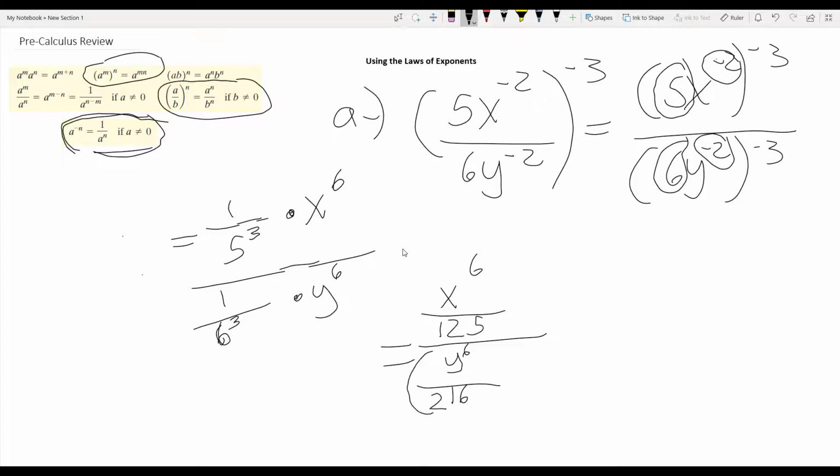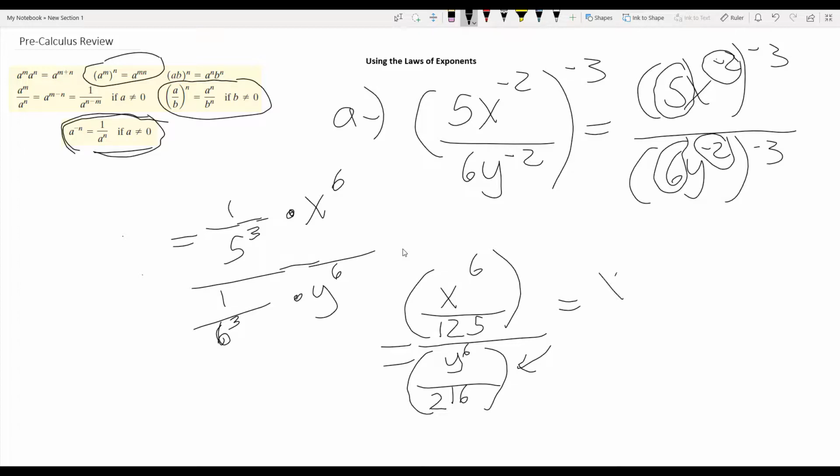So now we got these two portions dividing each other. And you may ask yourself, well, how can we simplify this even further? And that is not hard at all. If you recall from a previous video, I said you could simply multiply times the reciprocal. When you're dividing two functions, simply multiply by the reciprocal of the one on the bottom, which is this one here.